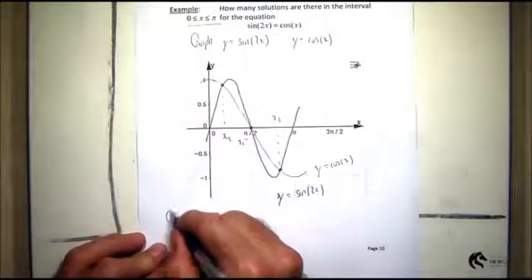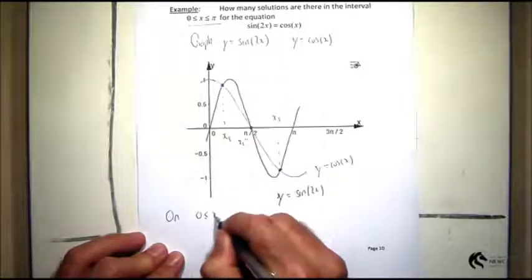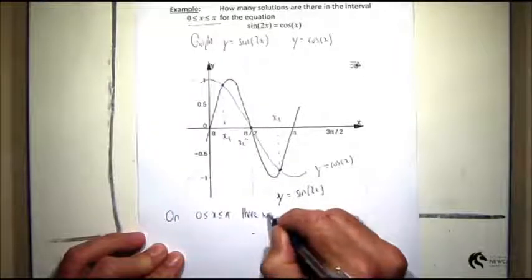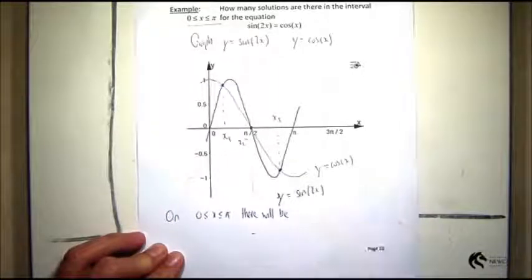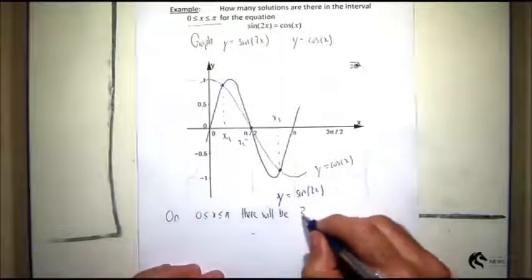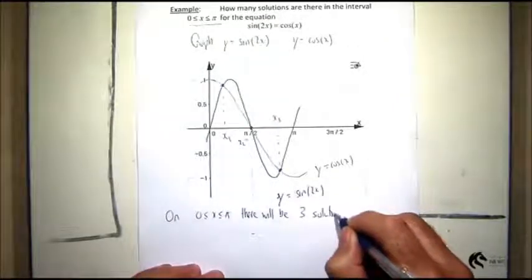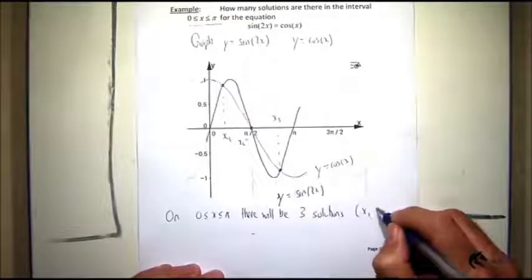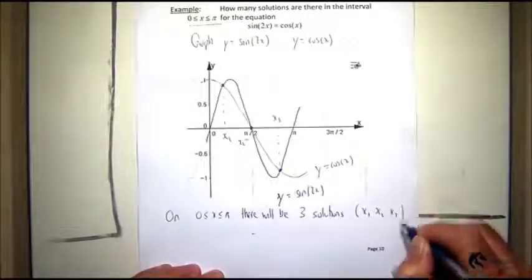So I can say on x between 0 and pi, there will be three solutions. Let me just for the minute call them x1, x2 and x3.